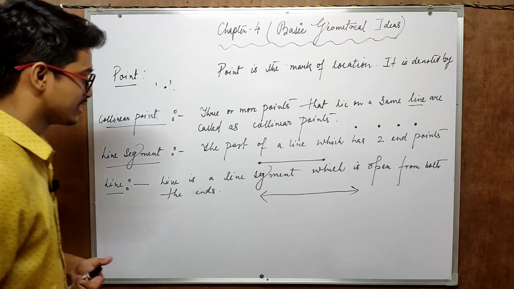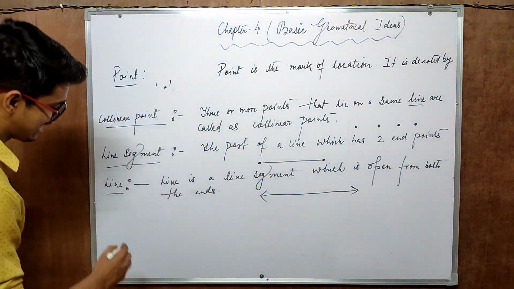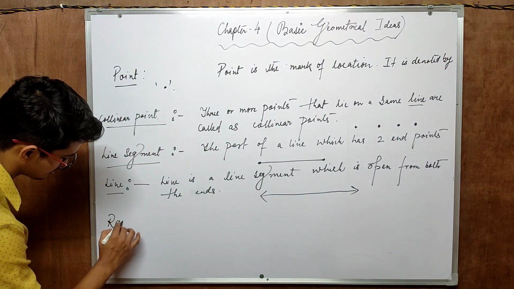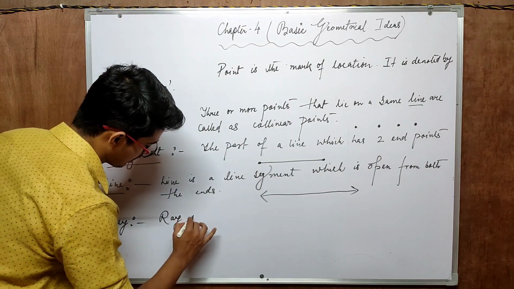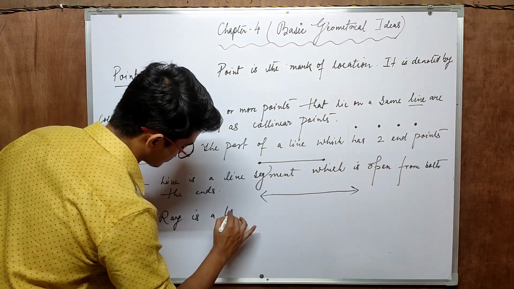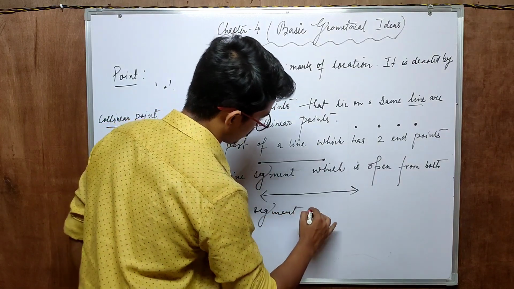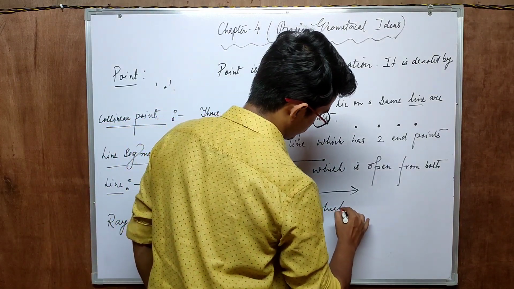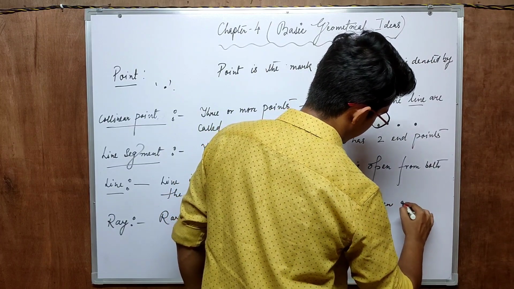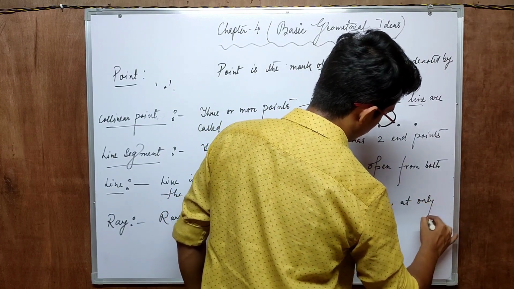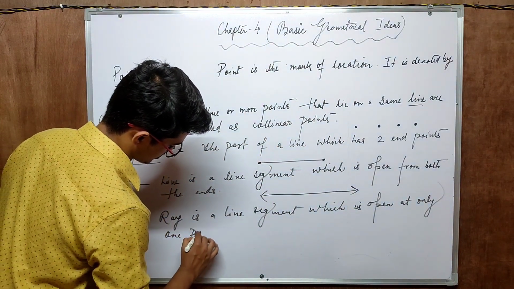Let's move on to our next part, which is called a ray. What does ray mean? A ray is a line segment which is open at only one point.